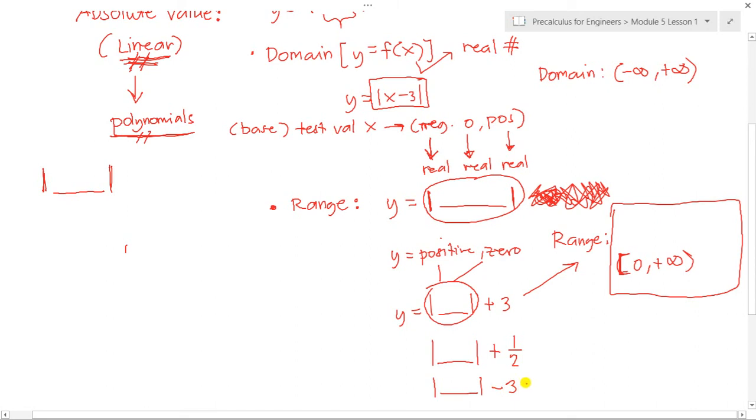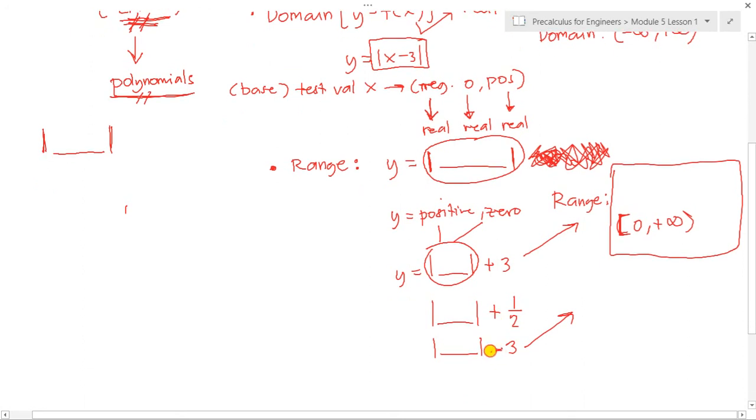What is our range for this class? It starts at negative 3 going to positive infinity. Maybe the answer is from negative 3 to whole numbers. So that's it. All real numbers, good. These are real numbers in this class.